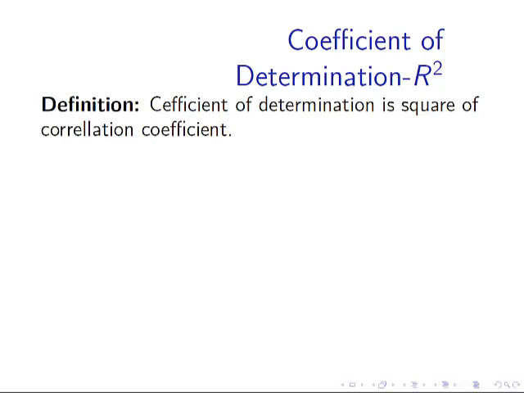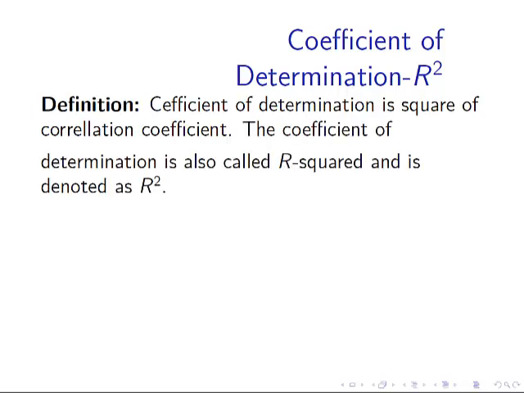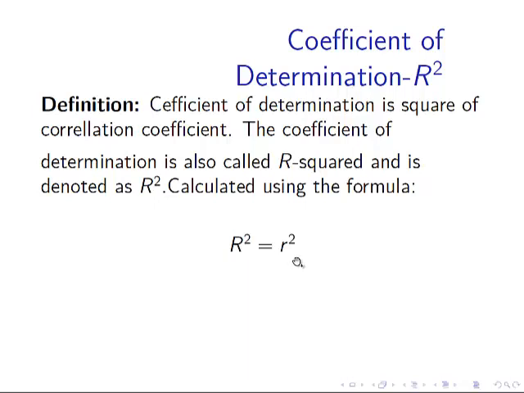It's calculated by finding the square of the coefficient of correlation. The coefficient of determination is denoted as r squared, calculated using this formula.